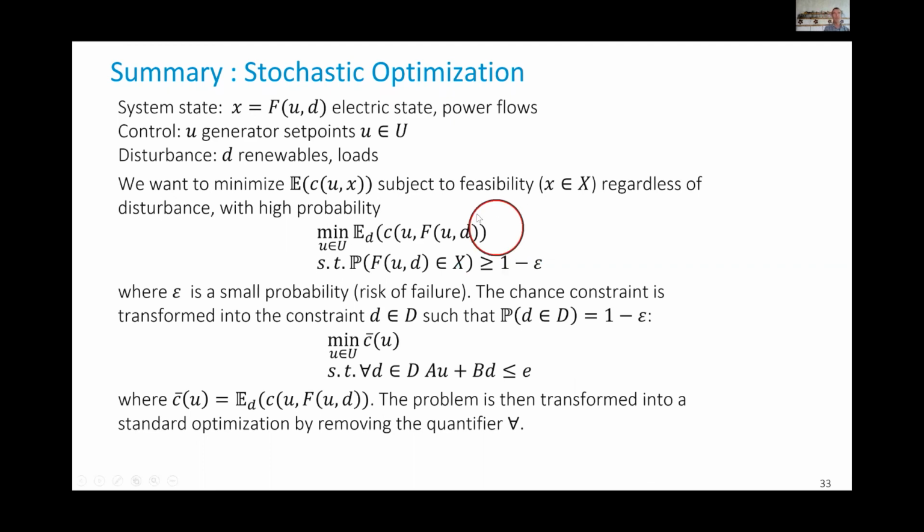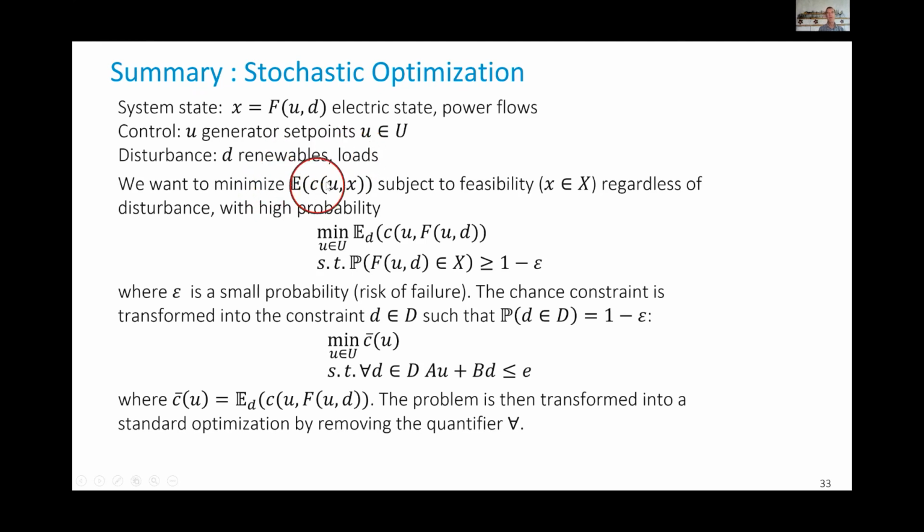So, take-home message. In stochastic optimization, we have to choose control, and nature will choose disturbance. And the result of that, the state, will depend on both my control and the disturbance. In the context of the grid, the disturbances are the things truly given by nature, like renewables, or more exactly the forecast error of renewables, and similarly the forecast errors of the loads, which is more by humans than nature.